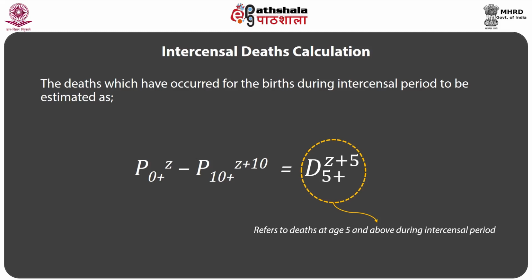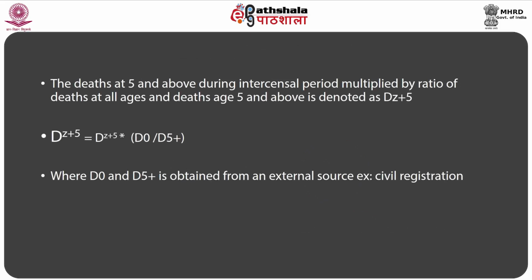P_5+^Z minus P_15+^(Z+10) equals D^(Z,Z+10)_5+, where D_5+ refers to deaths at age 5 and above during the intercensal period. The deaths at 5 and above during the intercensal period are multiplied by the ratio of deaths at all ages to deaths at age 5 and above to get the total deaths.